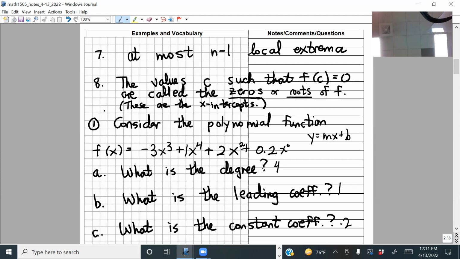Now, that degree is going to give us lots of information about the graph of the polynomial function. So we're going to talk about that next time. But in general, graphs of polynomial functions can be quite complex. Not linear functions, but higher degree polynomial functions, their graphs can be really complicated.